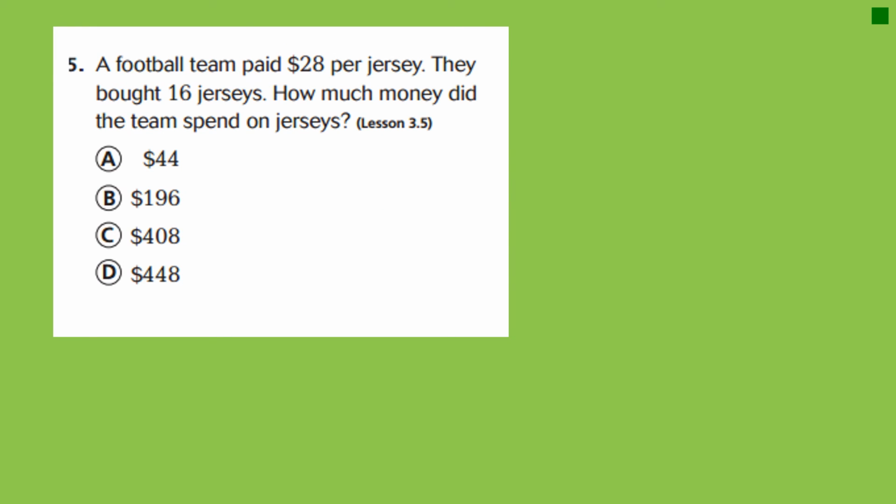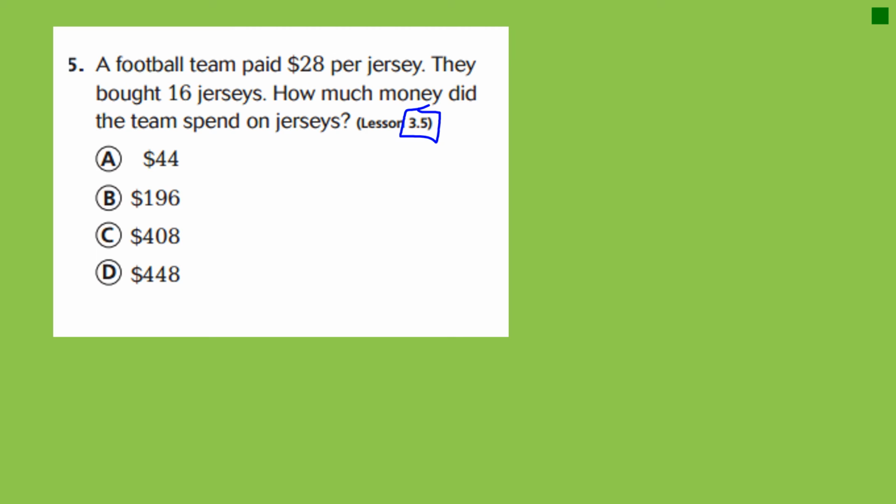Okay, guys, on to the back. Now, I went all the way down to number 5 because I'm pretty confident that you can do these on your own up there, those 2 problems at the top of the page. So this is number 5 in the review on the back. They are going into Chapter 3, Lesson 5.